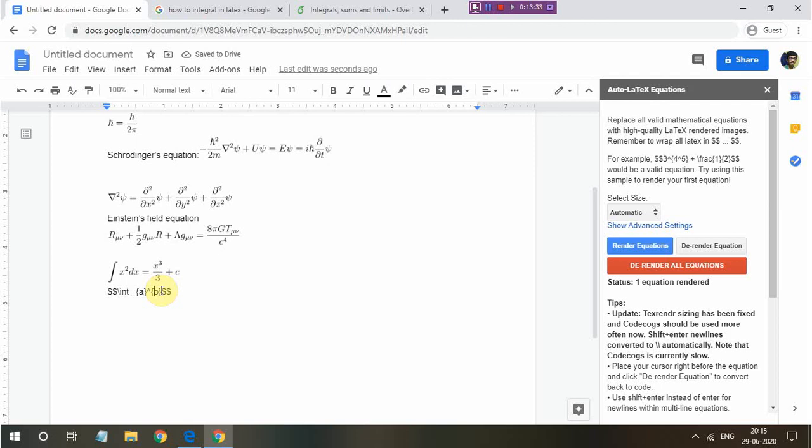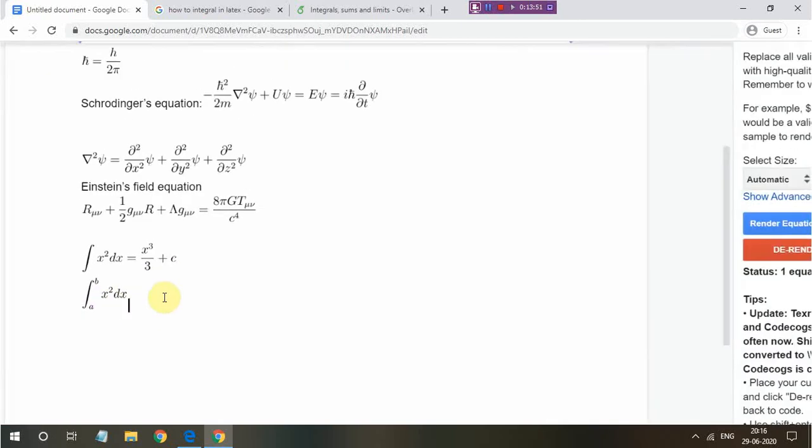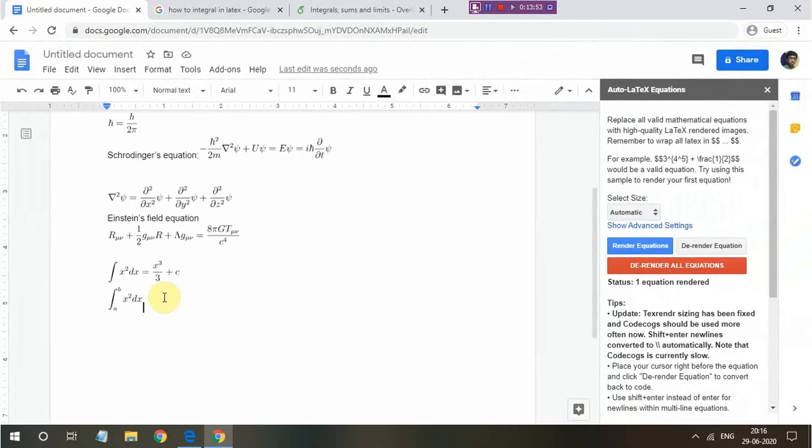We have given a space here, that's great. And now x squared dx, right? So that's simple enough. So this will be the integral of x squared dx from a to b. This is what it means. So this is how you type definite integrals. Using LaTeX is actually very easy.